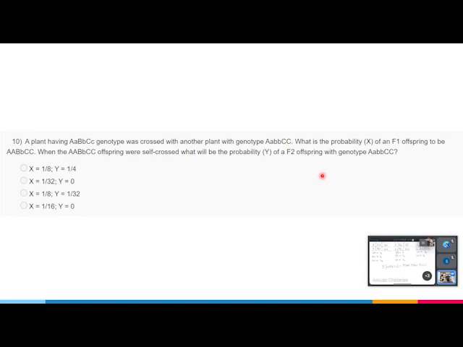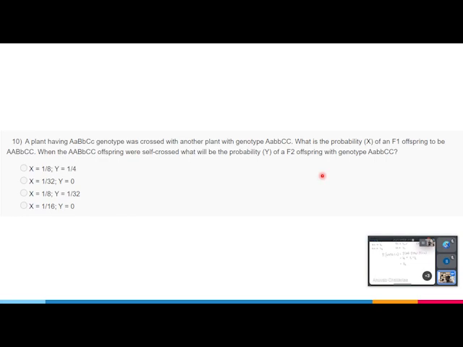This is the rule of probability that you probably would have come across. So the first one is 1/4, the second one is half, and the third one is half again. So this gives us 1 by 16 as the first answer.